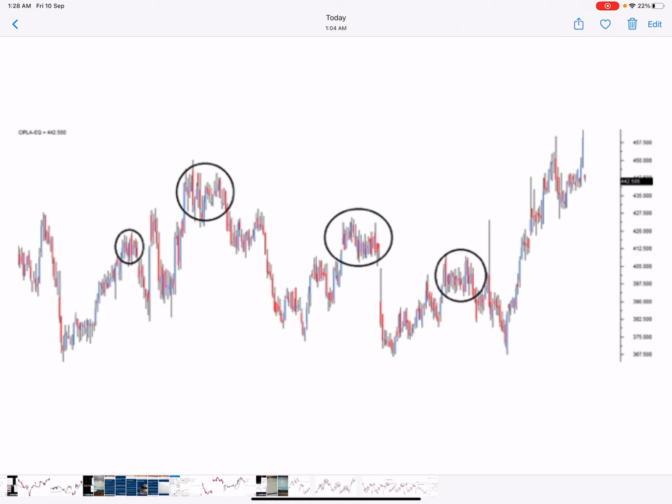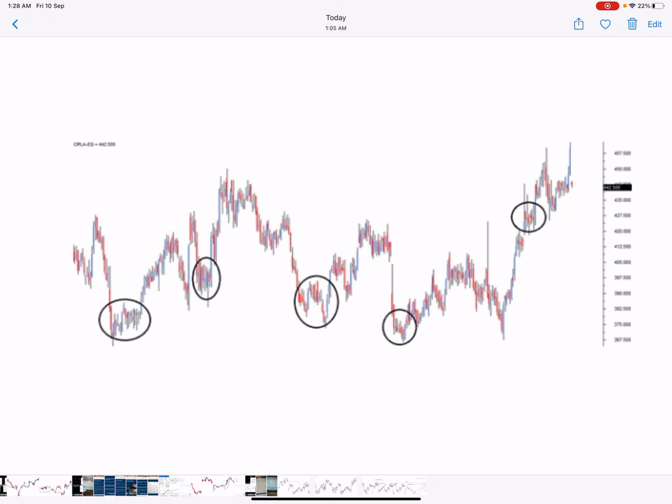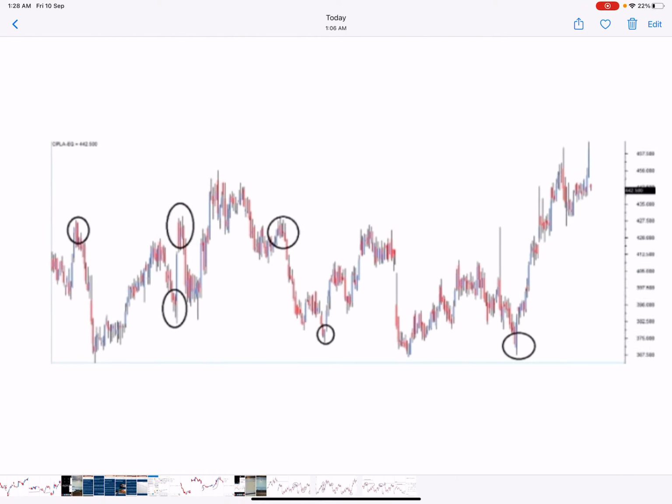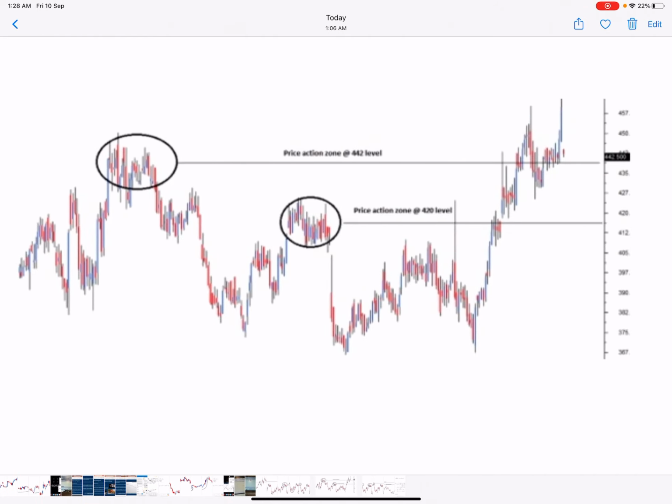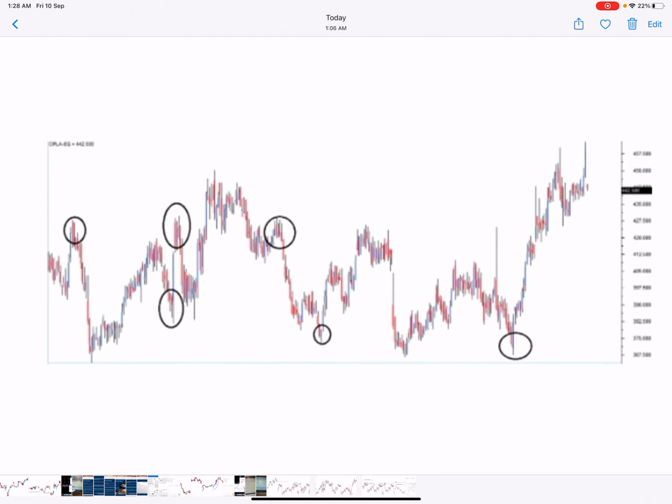A critical point to note while identifying these price actions is to make sure these price zones are well spaced in time, meaning if the first price action zone is identified on the second week of May, then it will be meaningful to identify the second price action at any point after the fourth week of May, well spaced in time. The more distance between the two price zones, the more powerful is the support and the resistance identification.